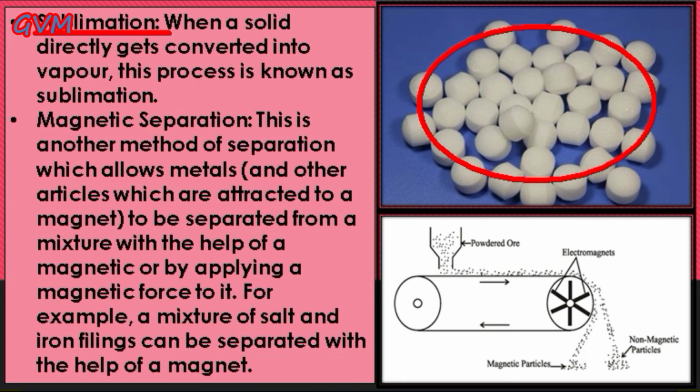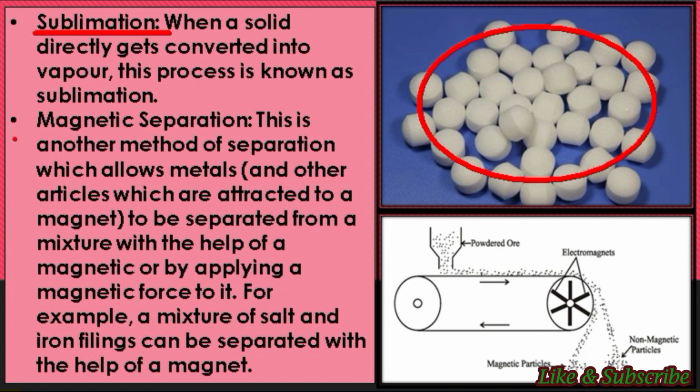Can you answer me why this happened? This is just because of sublimation. Students, when these naphthalene balls come in contact with clothes, they become heated up, and so they directly convert into gas state without being converted into liquid, and that's why these balls generally disappear.